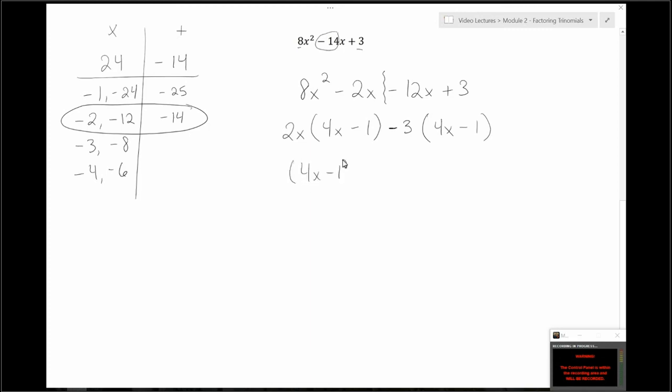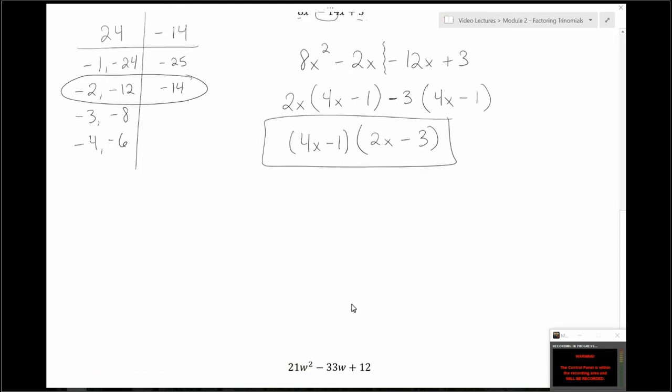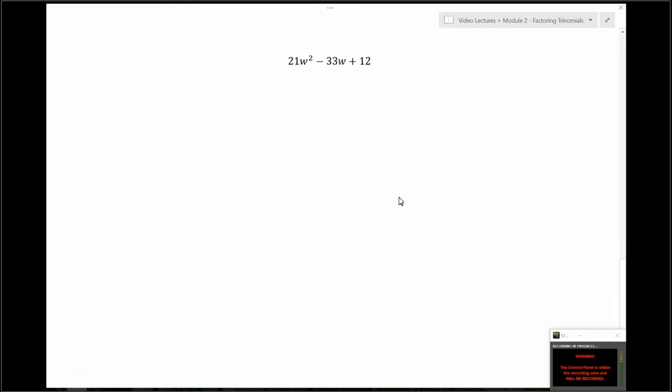So I can now factor 4x minus 1 out of each term, which leaves 2x minus 3. And we're done, just as easy as it was before. So again, you want to find two numbers that multiply to be the product of the first and last coefficients and add to be the middle. So we'll do one more example.